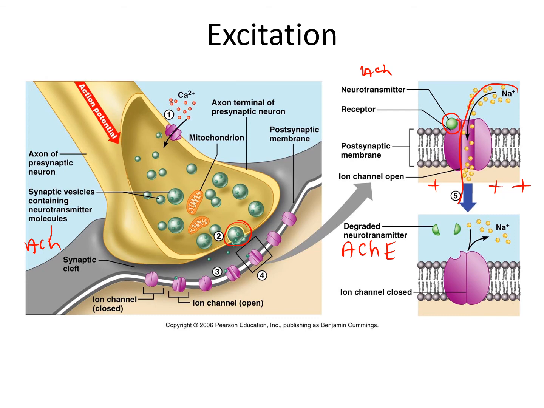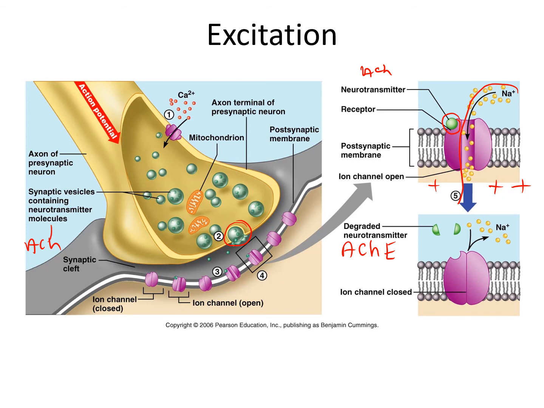And when sodium ions rush into your muscle cell, what happens to the environment in there? It becomes positive. So it's that change to a positive environment that causes the excitement that we need to promote the next step, which is contraction. So acetylcholinesterase is important in breaking down ACH. Why? It prevents further unwanted muscle contractions.